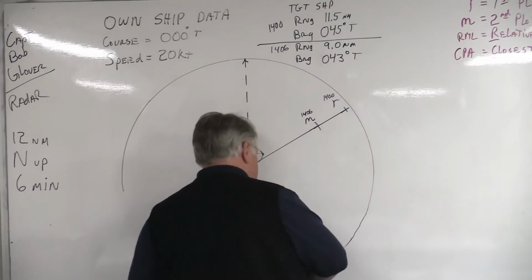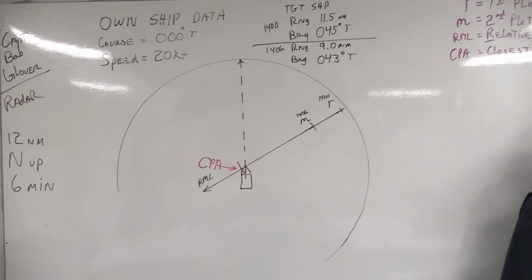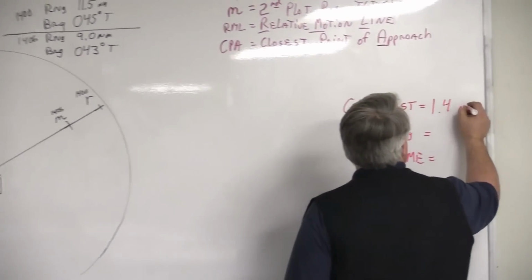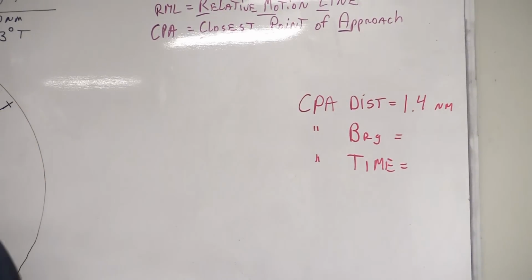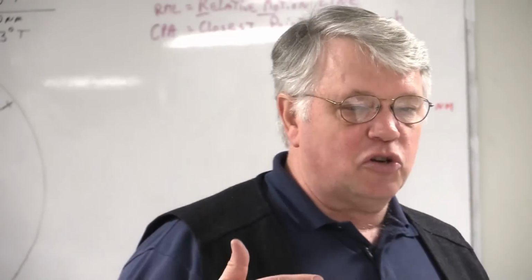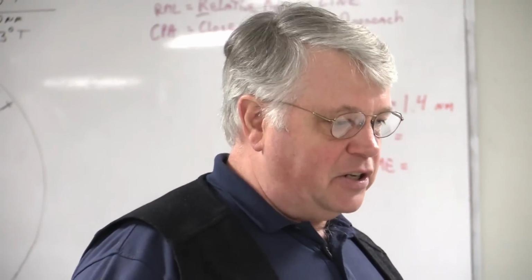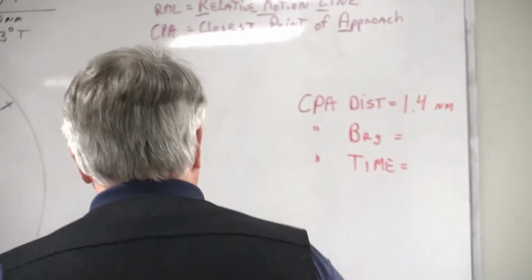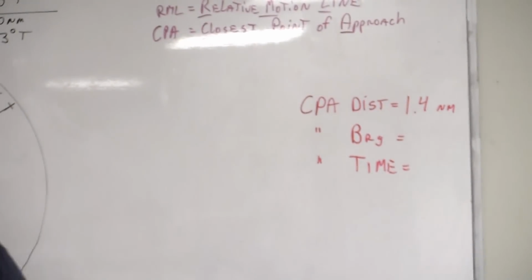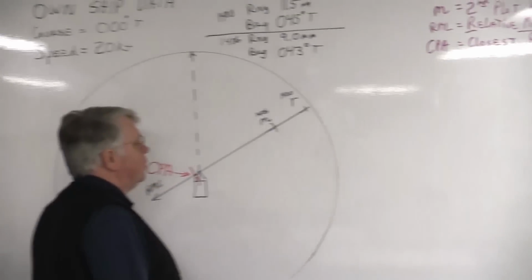And I need you to tell me what it is. I know from just doing this a lot, it's about 1.4 nautical miles, okay? It's in that range. You should be within a couple of tenths of that. Your accuracy will build as we do this more and more. I'm not so much looking for a lot of accuracy right now. I'm looking for methodology. And then your accuracy will come as we do more and more of these, okay?